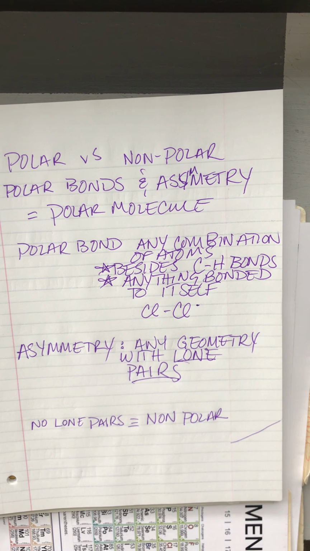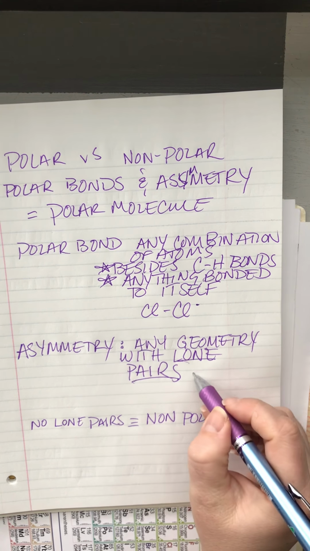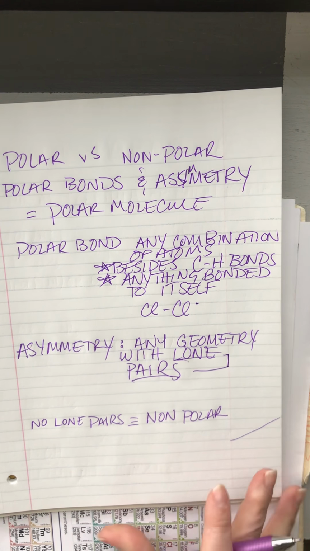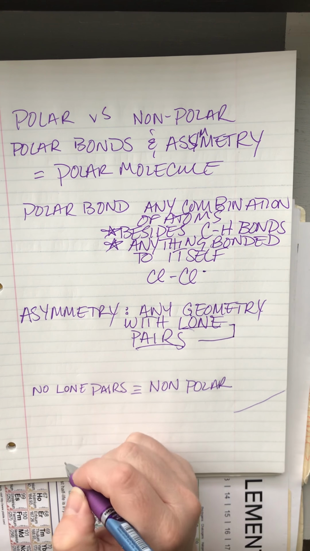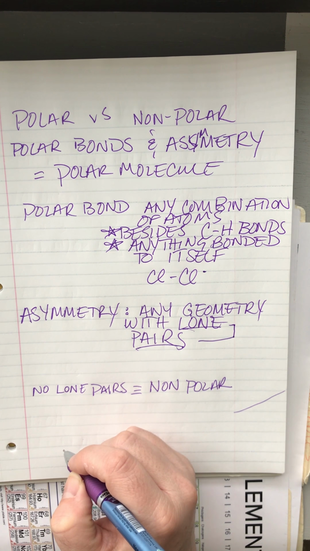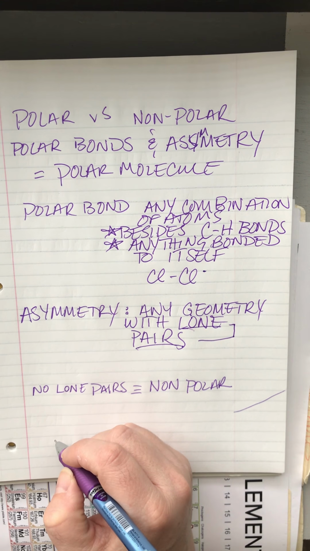Yes. Cool. There's one other way that you can have asymmetry in a molecule besides lone pairs. What we've been considering so far is a molecule that has all of the same attached atoms around the central atom.